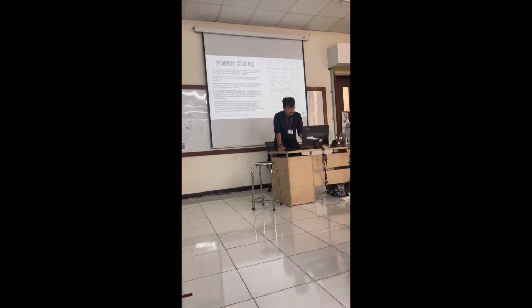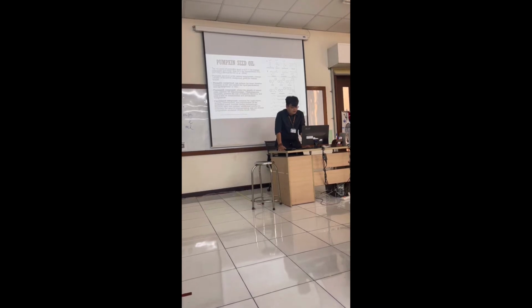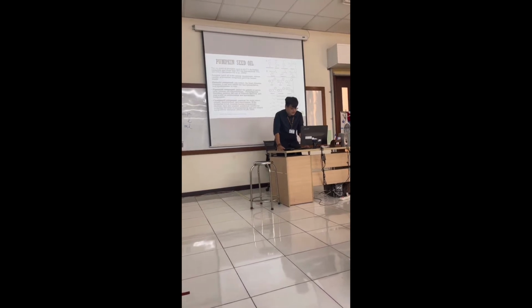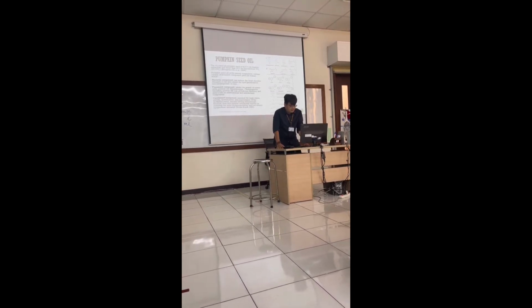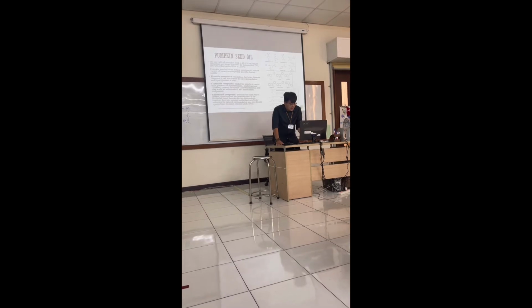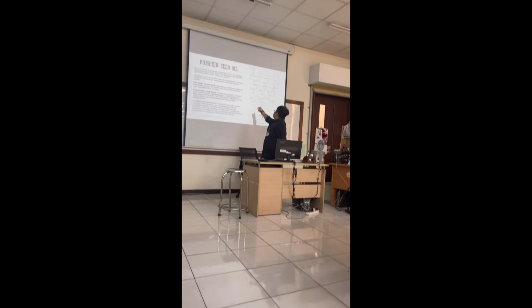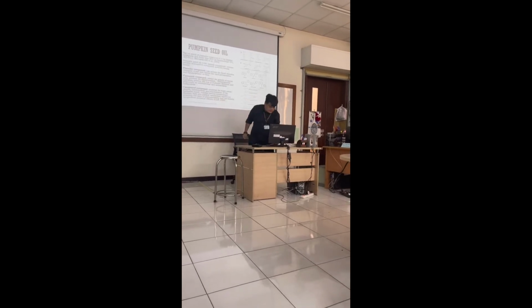In the seed oil, by substrate extraction, they account for 3.5% of the oil, and in the oil they contain various bioactive compounds such as phenolic compounds, flavonoid compounds, and carotenoid compounds, which I show right here.